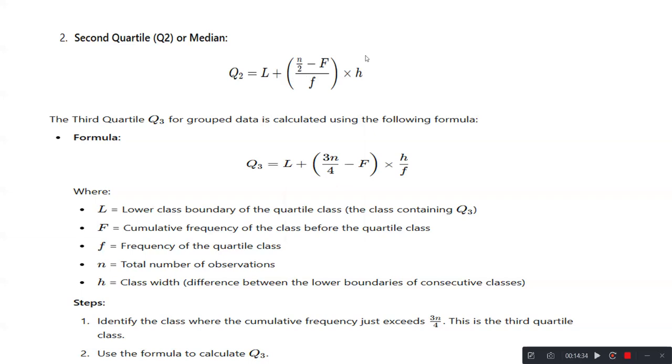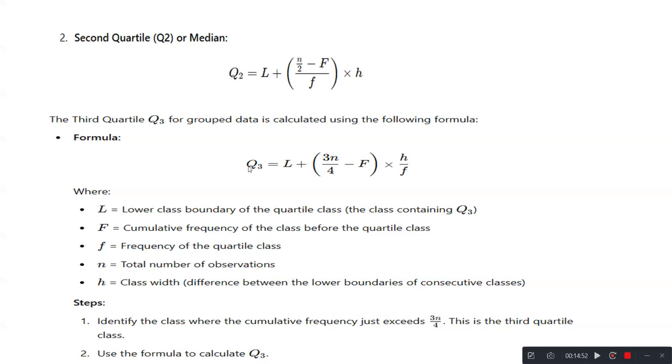Then you go to cumulative frequency, the value which is close to that, then it will show you the class boundary. So the class boundary, you go and pick the lower class boundary for this second quartile class.